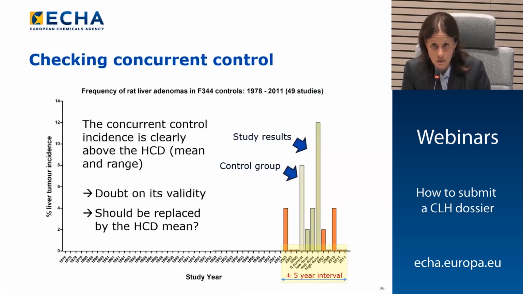What is going on in this example? Should we, despite the concurrent control being the most important comparator, replace it with the historical control data mean? Actually, RAC and the Section decided that this was an aberrant control group, abnormal, and they replaced it with the median of the historical control rate, used that to compare, and ended up classifying this substance in category 2.